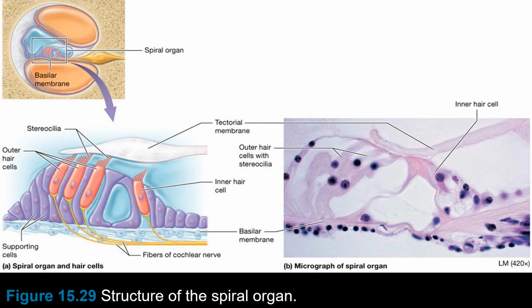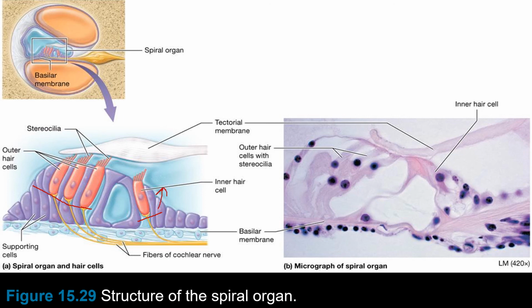And here we have an image that may show you what I'm talking about. So here you have those outer hair cells, and remember there are 3 rows of those. And then here you have that 1 row of inner hair cells, and the inner hair cells are going to be your sound detectors.